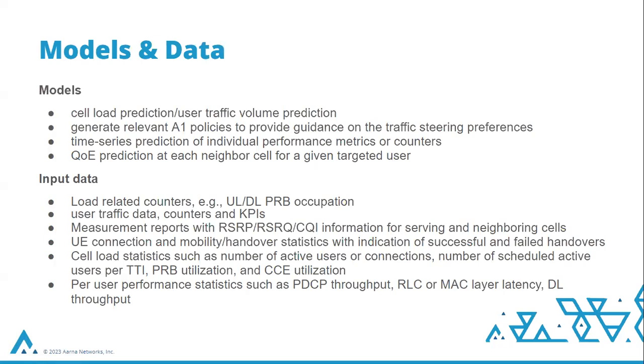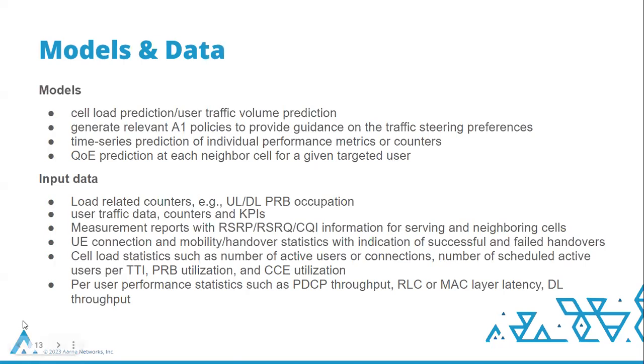And the other one is that we'll generate A1 policies to steer the traffic of certain users to another cell. And there are some time series predictions based on the metrics and counters we collect from the O1 interface.